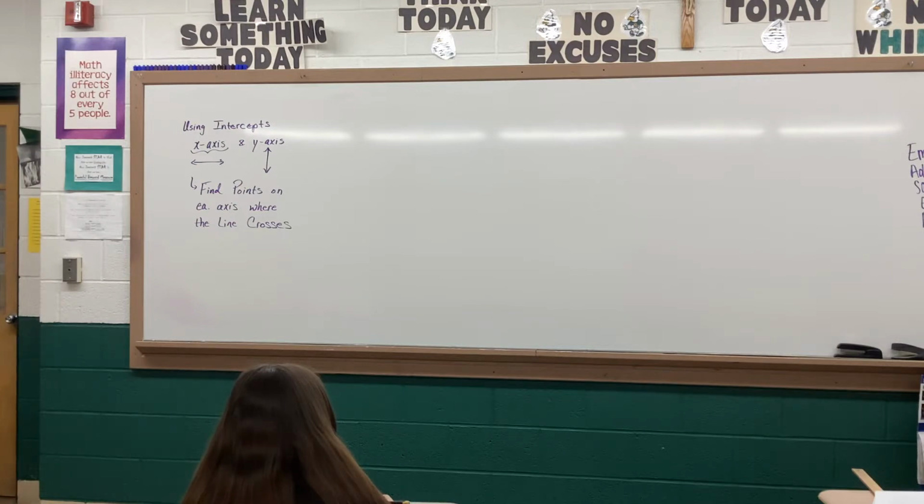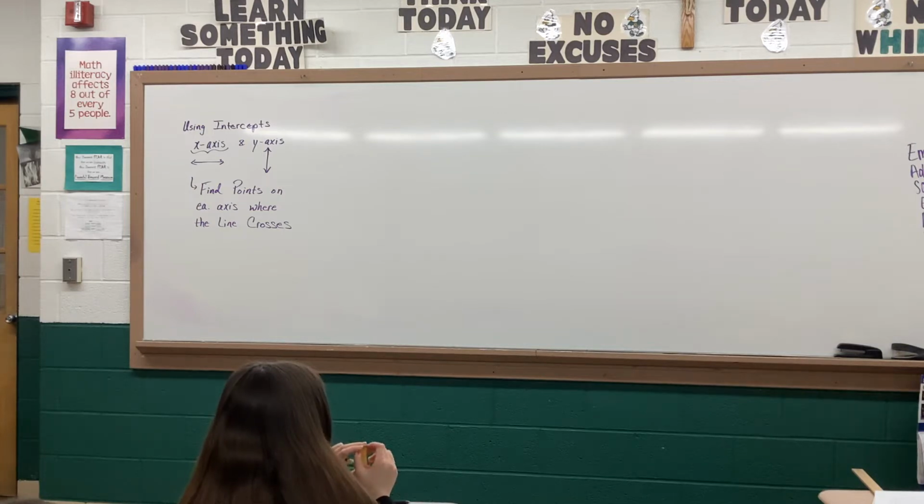What is that point? -6, 0. Where does 0 go? In the Y. Would you all agree with that? And that was this point right here. If I pick this point over here, what's that point? 8, 0. And what did both of those have in common? 0. They had a 0 in it, right?